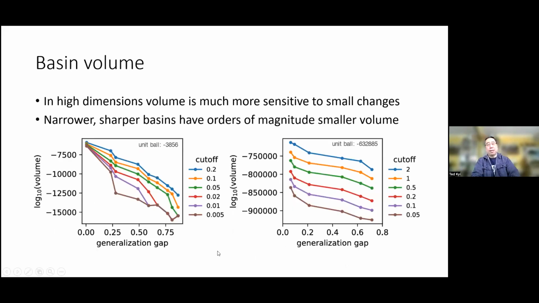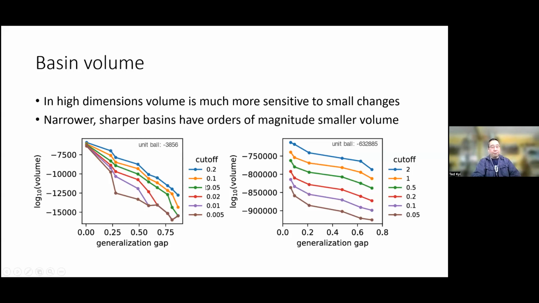And then here's the thing: they say in high dimensions, volume is very, very sensitive to small changes. So when something is narrower, the volume of that region drops dramatically, many, many orders of magnitude. So on the left, this is the Swiss roll.